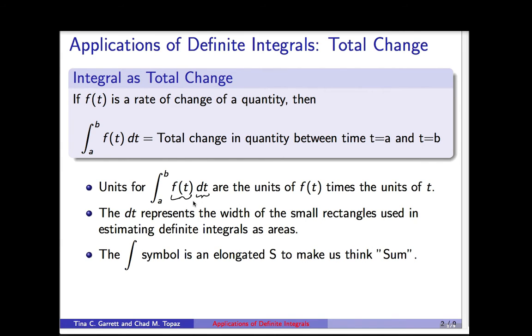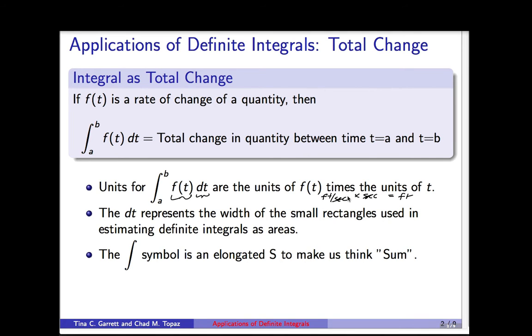So the units for the integral, which essentially add up the area under the curve, or the rectangles in the right-hand sum, are going to be the units of f of t times the units of t. So in our previous examples, with velocity, which was feet per second, times time, which was seconds, we ended up getting feet, because the seconds canceled, and that gave us distance.